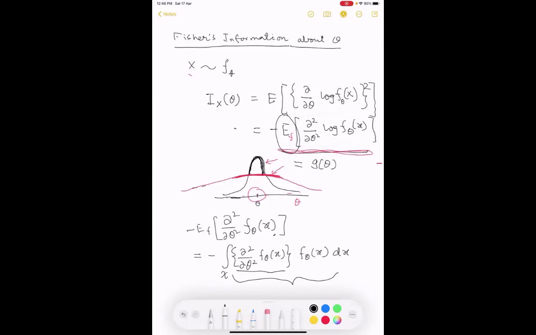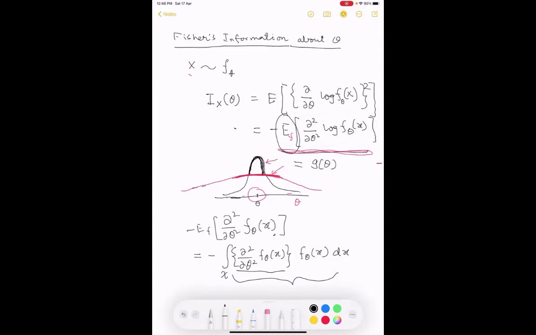At least this definition of information will not be valid in that example that you are talking about, because you cannot even differentiate at that point. It's a complete discontinuous point. Right. So the graph is like a spike at a particular point and 0 everywhere else. So you cannot differentiate at that particular point.